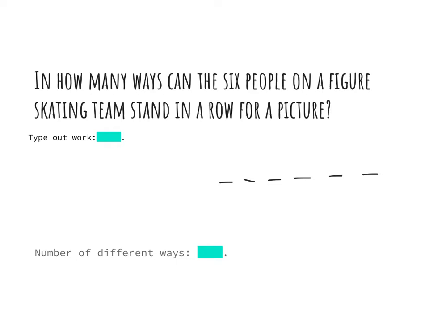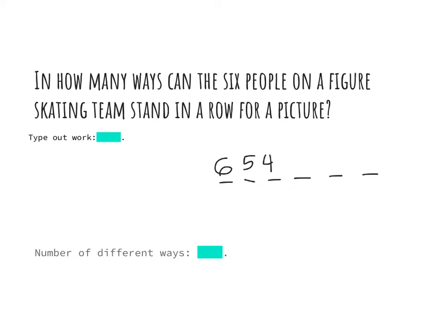Well, let's say that one person stands in the first slot. There are 6 different options of people that can stand there, right? 6 options. Once someone stands in that first slot, there are 5 different options or different people that can stand in the second slot. Once 2 people have stood in place, then you have 4 people left.